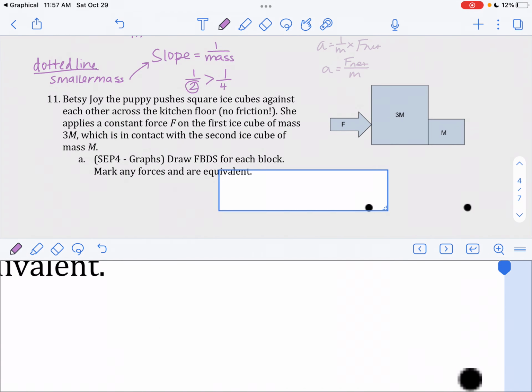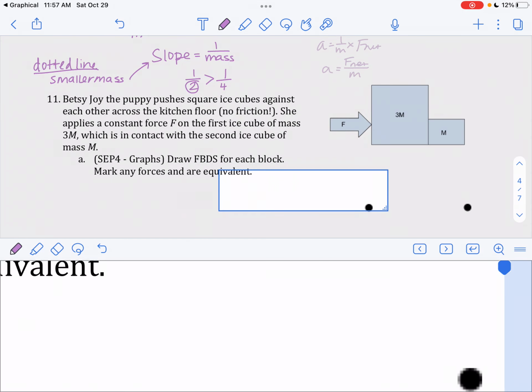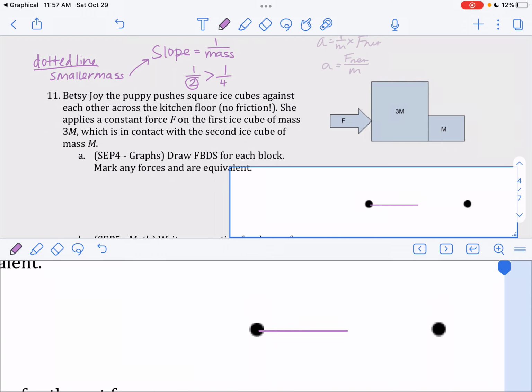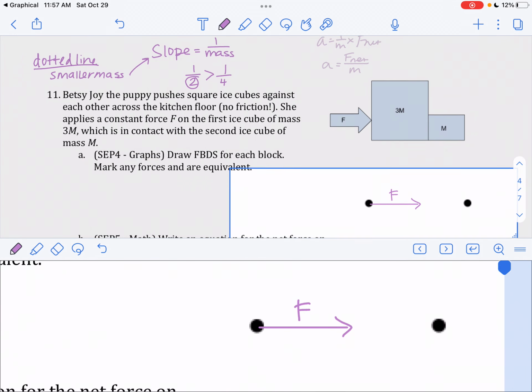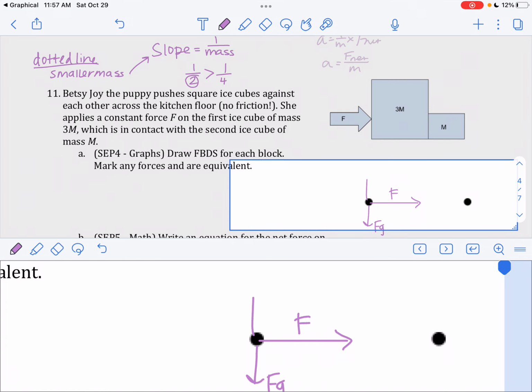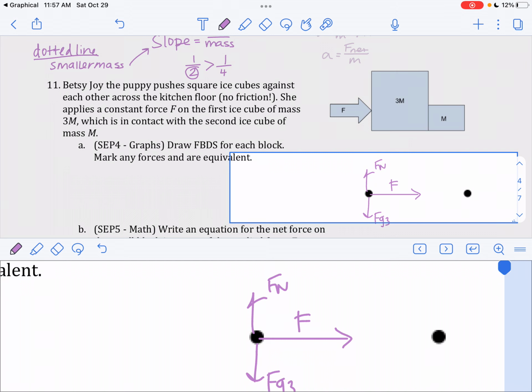Okay, we've got another two-body problem. So I'm going to start to draw my FBDs. So on the big 3m, we have F. It's frictionless, so there's no friction. We have an Fg. We have an Fn. And again, this is on the 3m.